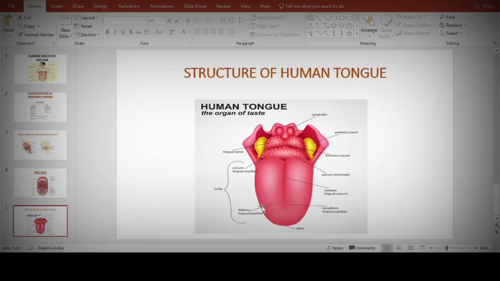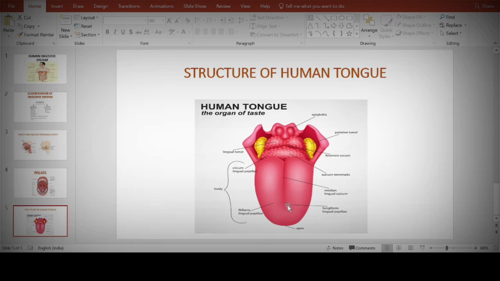So a major criterion to distinguish them: fungiform gives pink color to your tongue and is spherical in shape, while filiform is white in color and conical in shape.